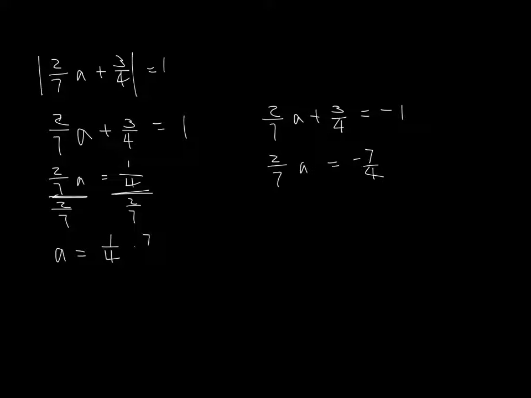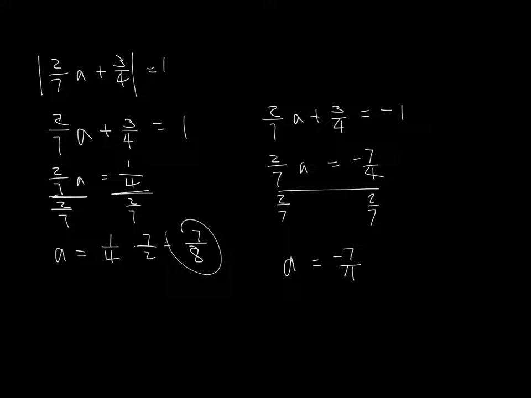Take the bottom number and multiply, and we get a equals 7/8 for one of our problems. And then over here, divide by 2/7, so a equals -7/4 times 7/2, which is going to be -49/8. And those are our two answers.